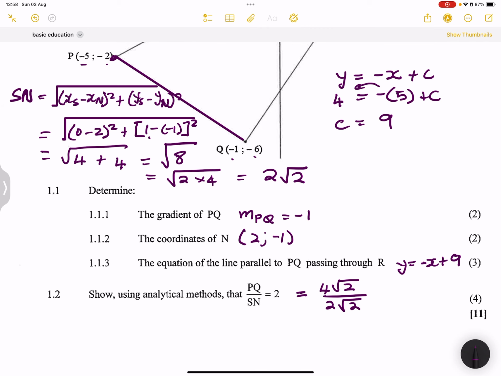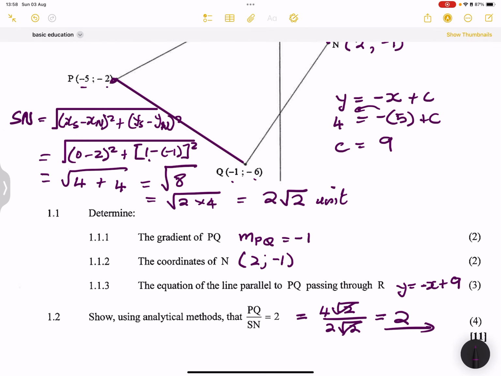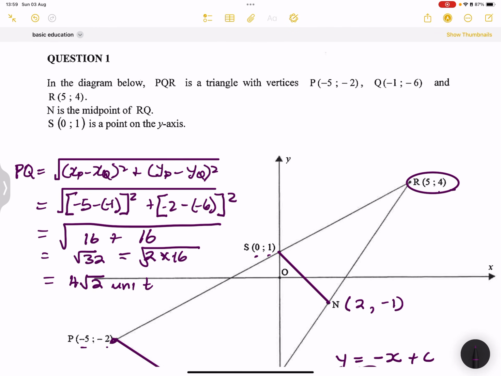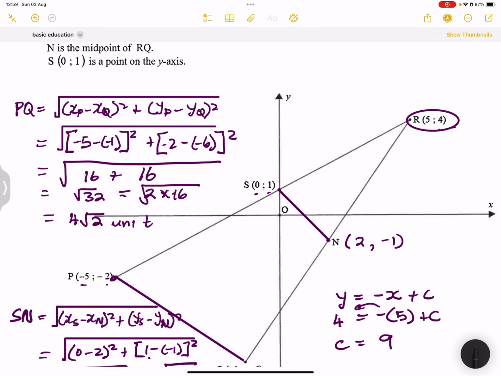And of course, the square root of 2 cancels out, and 4 divided by 2 definitely does give us 2. That's a ratio. We may not use units, but for the length, we need to express that in units. And ladies and gents, that is really how the cookie crumbles for this question. Really a straightforward question. And I hope that you guys were able to follow and understand.